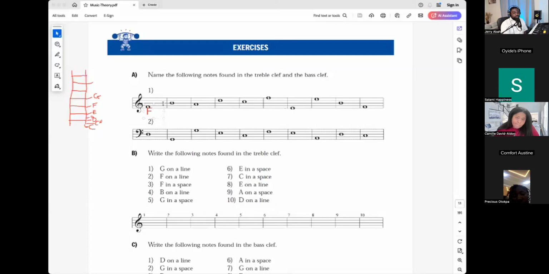I need to reduce this size. Okay. And then this first note over here, you remember that the bass clef wraps around the F line when you look at the previous page that we went through.